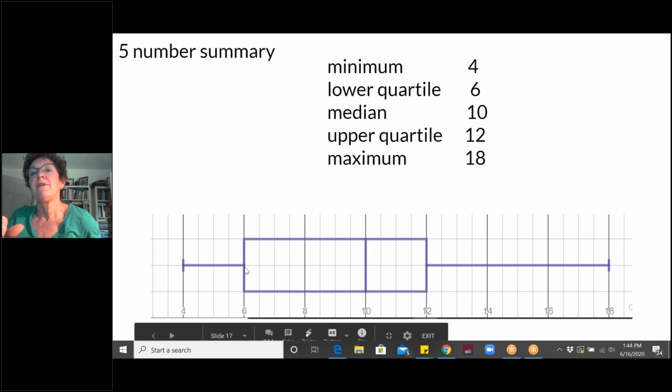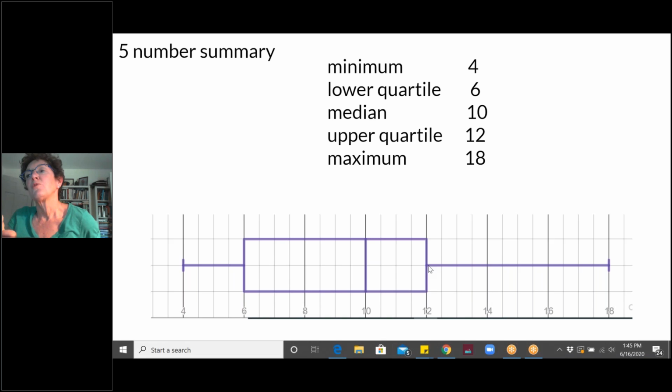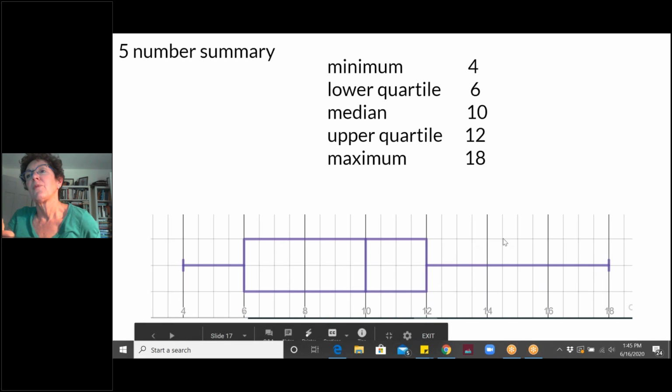I know that 25% of my players worked out between 6 and 10 hours. That 25% of my players worked out between 10 and 12 hours. And 25% of my players worked out between 12 and 18 hours.